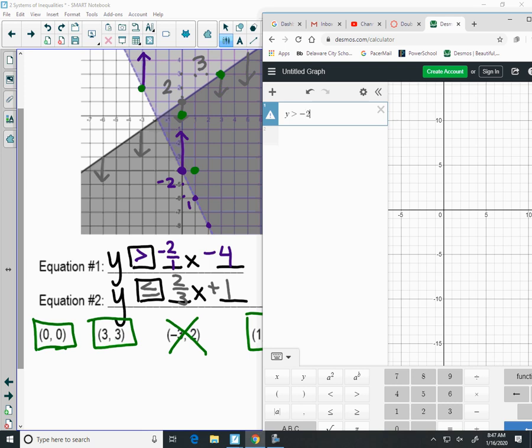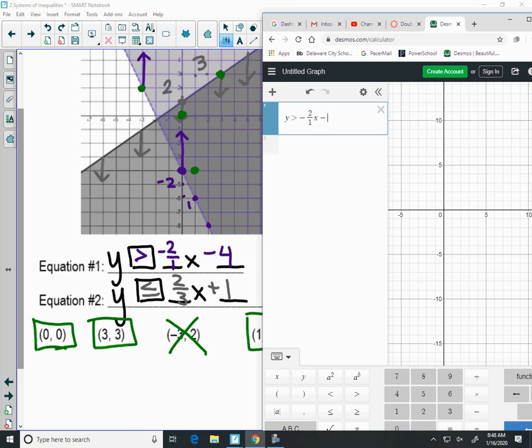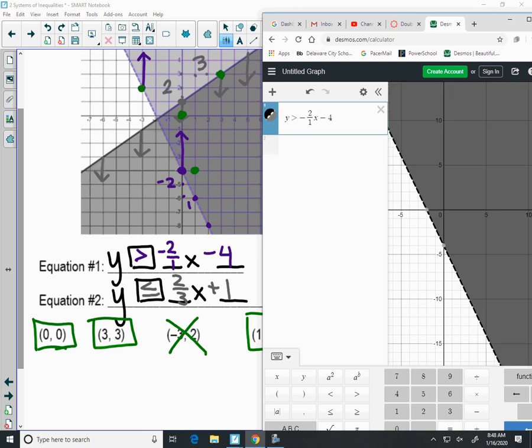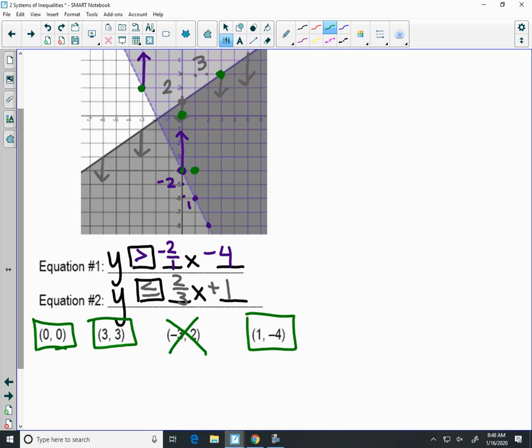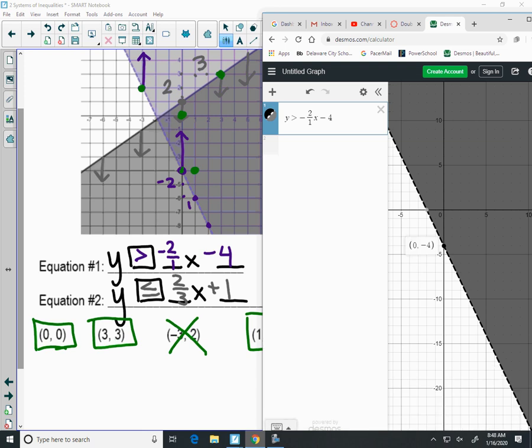So the way I wrote it as -2/1 x minus 4. And I'm just going to check, like this point right here is at -4, and I have a downhill and a dotted line. So this point right here is at -4. It's downhill and a dotted line, so I feel pretty good.